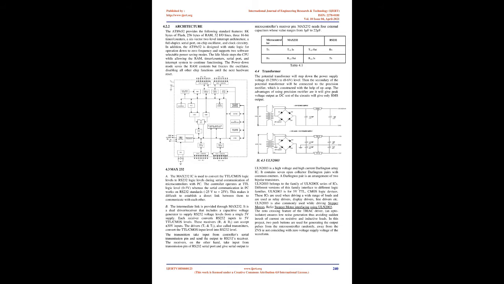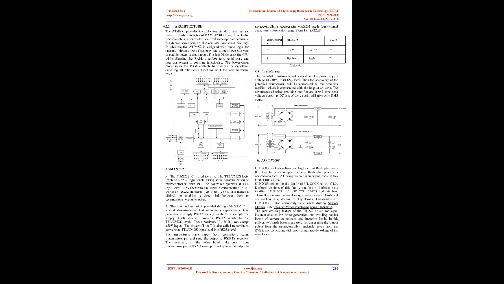The AT89S52 provides the following standard features: 8 KB of flash, 256 bytes of RAM, 32 I/O lines, watchdog timer, 2 data pointers, 3 16-bit timers/counters, a 6-vector 2-level interrupt architecture, a full duplex serial port, on-chip oscillator, and clock circuitry.